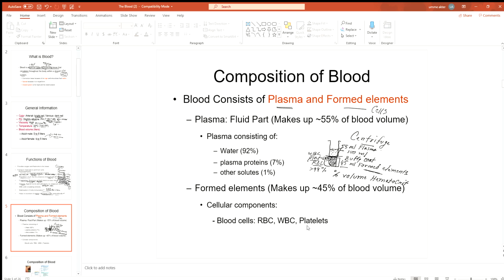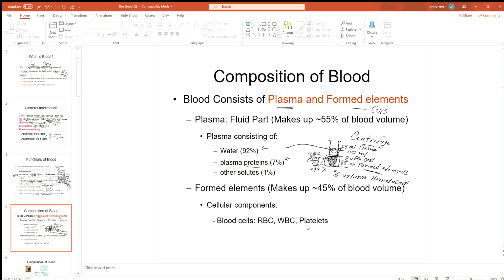Now let's talk about this liquid part, plasma. In plasma, 92% volume is water and 7% is proteins, called the plasma proteins.